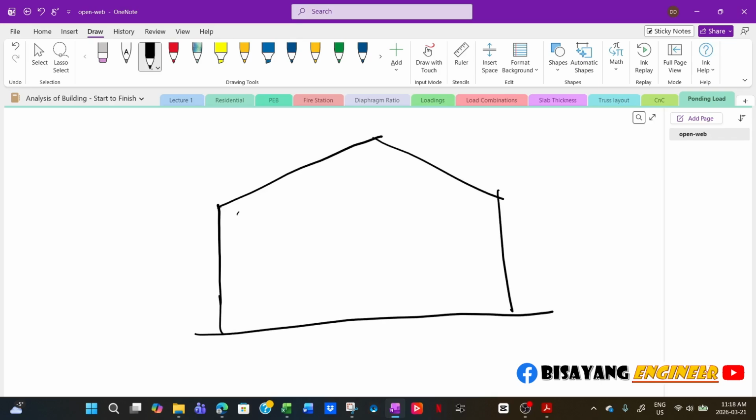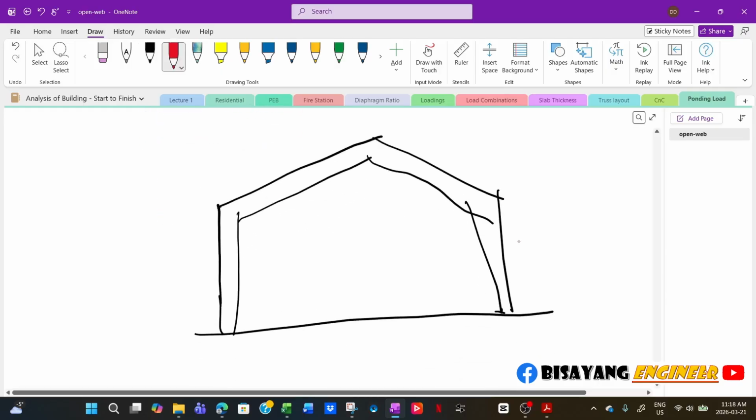So if this is your frame, your negative value for the pressure is going that way, and then positive is this way. So this is negative, this is positive.